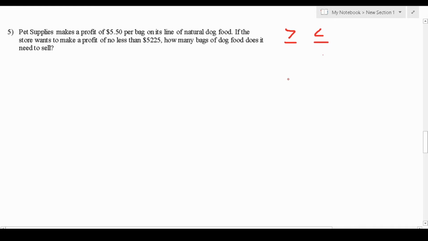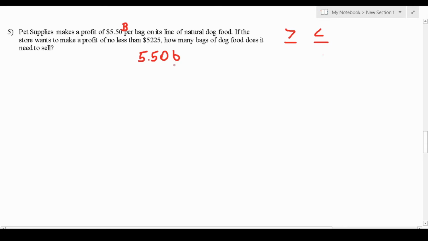And again, we're trying to figure out how many bags of dog food it needs to sell, and its profit is $5.50 per bag. So we'll call this one B for bags. So to write the left-hand side of the inequality, we know it's going to be 5.50 B, and that's all the information we're given.